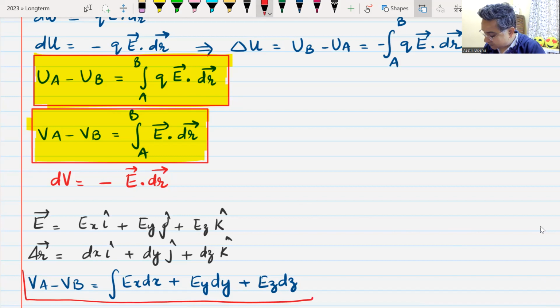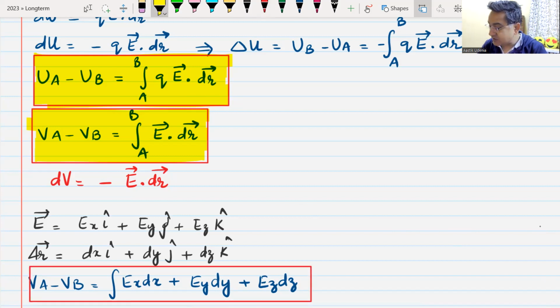With this revolutionary formula, you can find out the potential difference between two points if you know the value of electric field. Yes or no? Yes, sir.